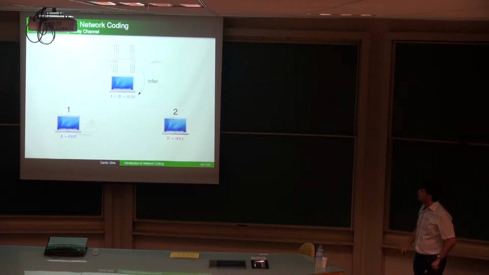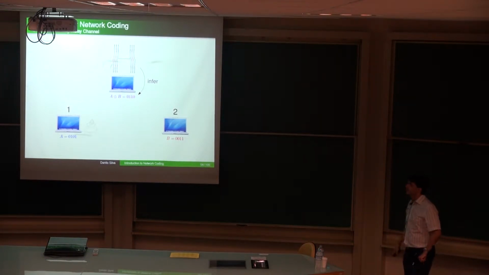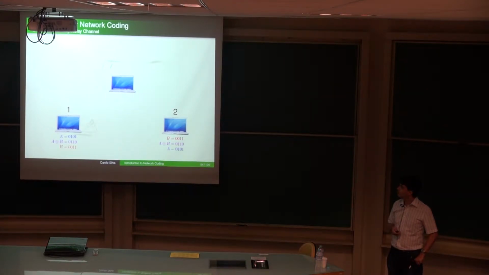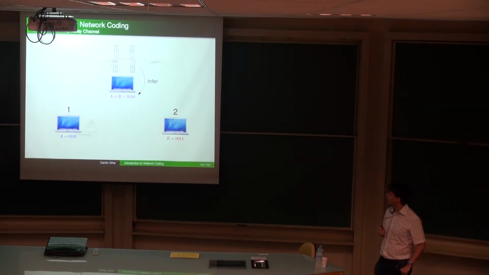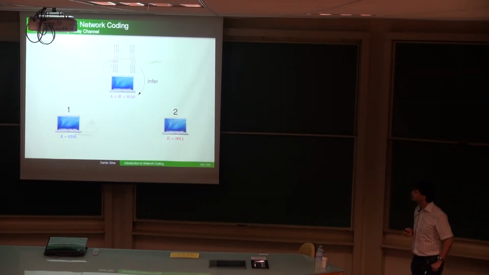And then it can infer the XOR of the 2 packets from the interference that it has received, and then broadcast that XOR packet to both nodes 1 and 2. Right? And then you can do it in 2 time slots. It's easier said than done. So the crucial problem is how do we do this? And that's what we're going to talk about now. This is physical layer network coding.